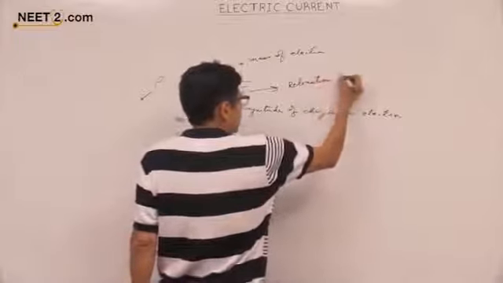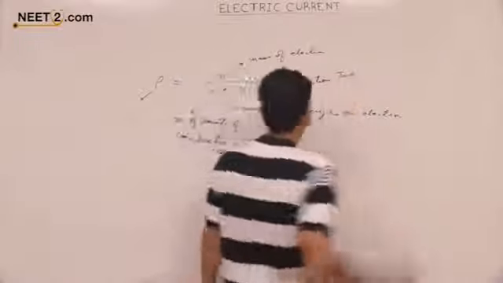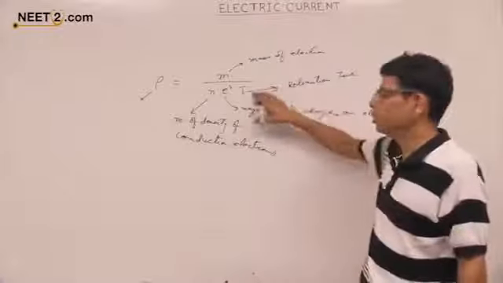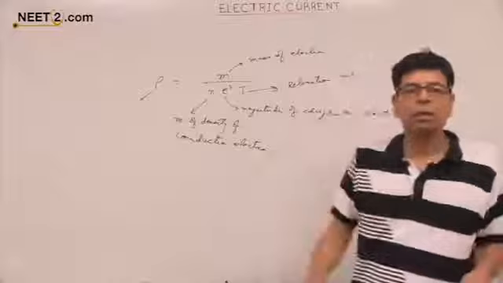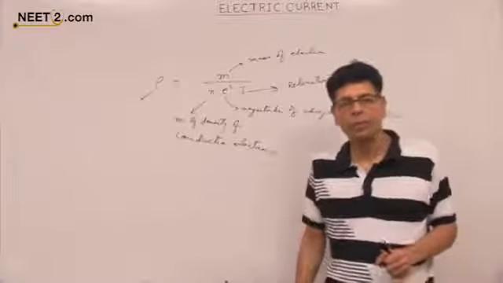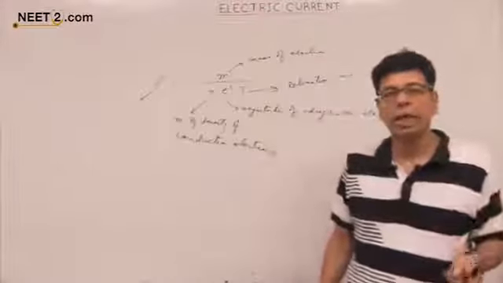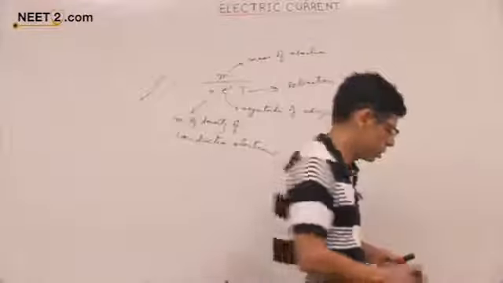Relaxation time is the average time between two successive collisions, average taken over a substantial amount of time, that is over many collisions, and computed for many electrons.